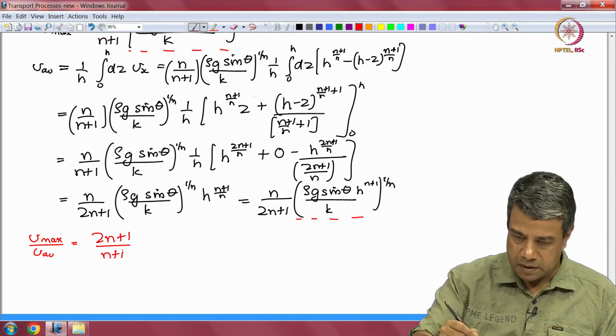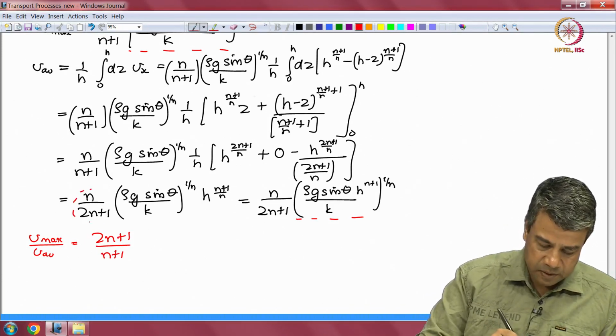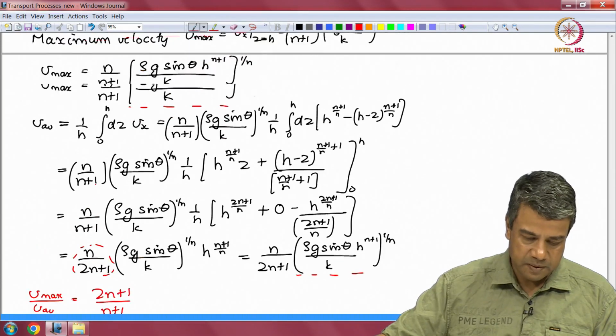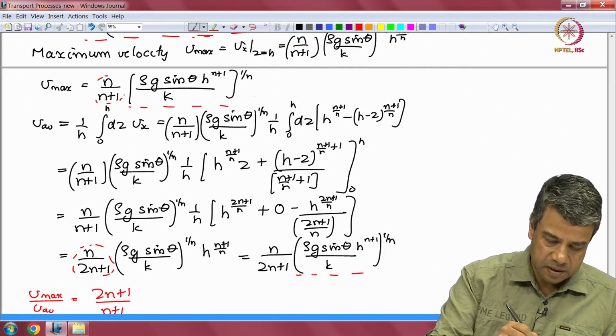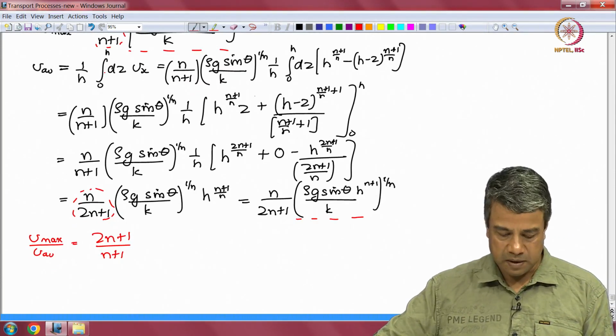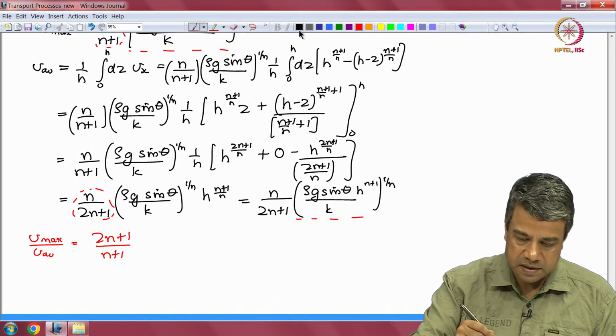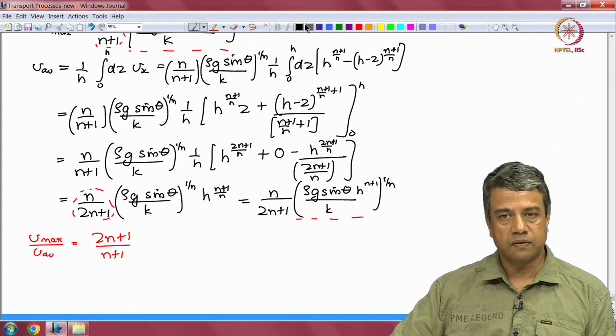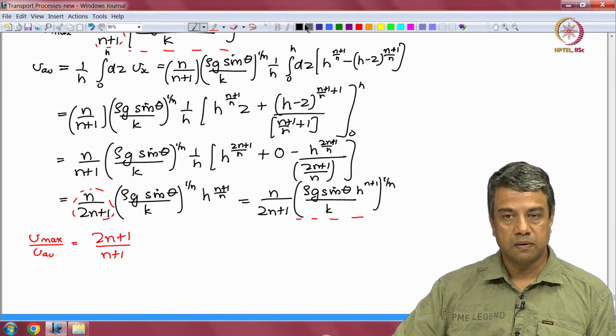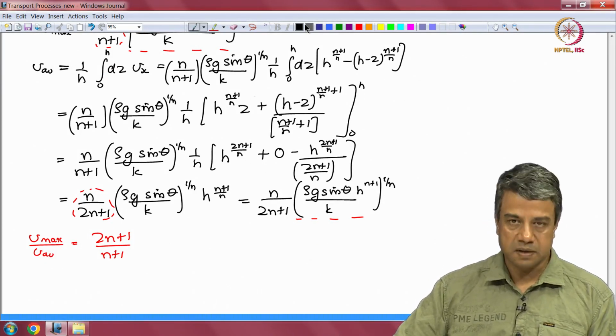That is because V average has n by 2n plus 1 here, whereas V max has n by n plus 1. So, V max by V average would be 2n plus 1 by n plus 1. And you can verify that this is the same result that you get for the Newtonian fluid for n equal to 1, this ratio is 3 by 2 as we had calculated in that case.